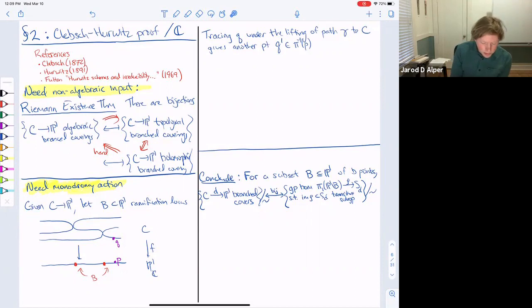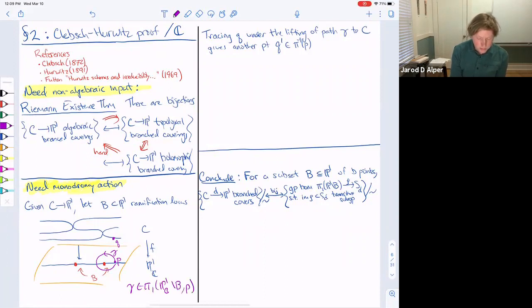Let's take a point P downstairs and a preimage Q. Note that my picture is one-dimensional, but P1 over C is two-dimensional, so let me view it as a two-dimensional surface. Then what I'm going to do is take loops. Let's take a loop starting at P going around here, gamma. So gamma is an element of the fundamental group of P1 of C minus the branch locus, based at P.